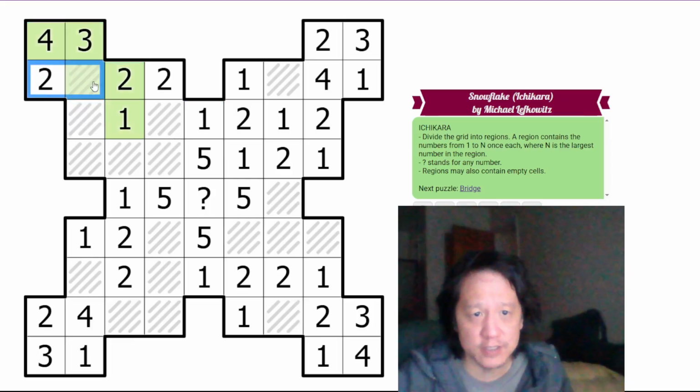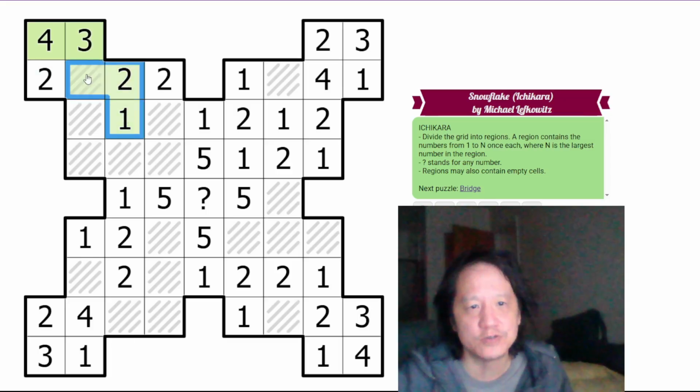But obviously this is blocked off from any other cell by this. So this is not a valid potential solve, right? Because this 2 doesn't have a 1 to be part of a region with. So this is not actually valid as a region. But those are examples of how you can solve these Ichikara puzzles.